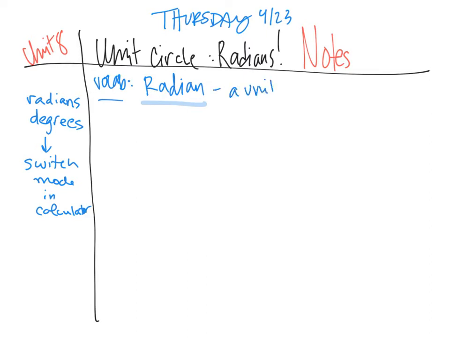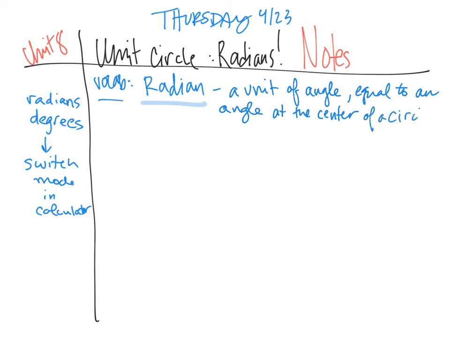It's a unit of angle, not angel, angle, equal to an angle at the center of a circle, and this is the important part, whose arc is equal in length to the radius.